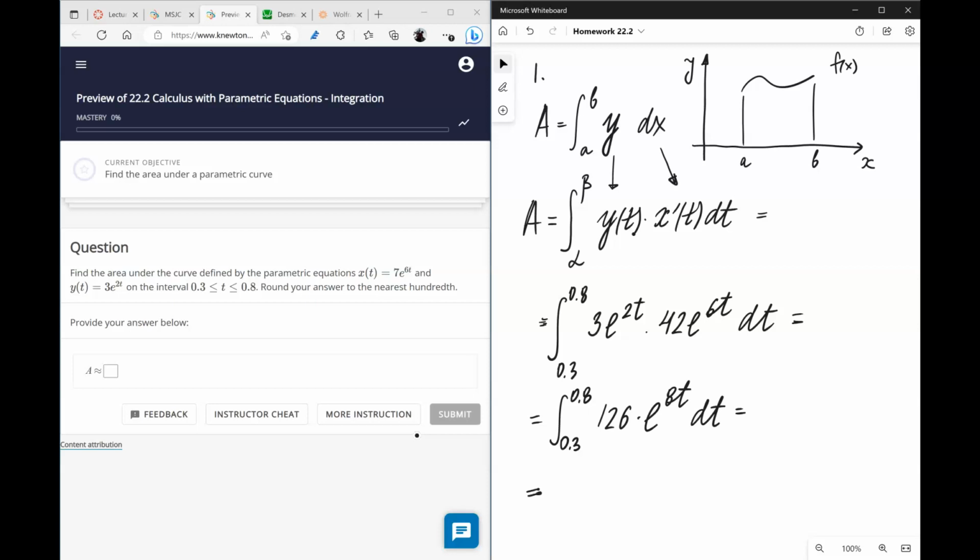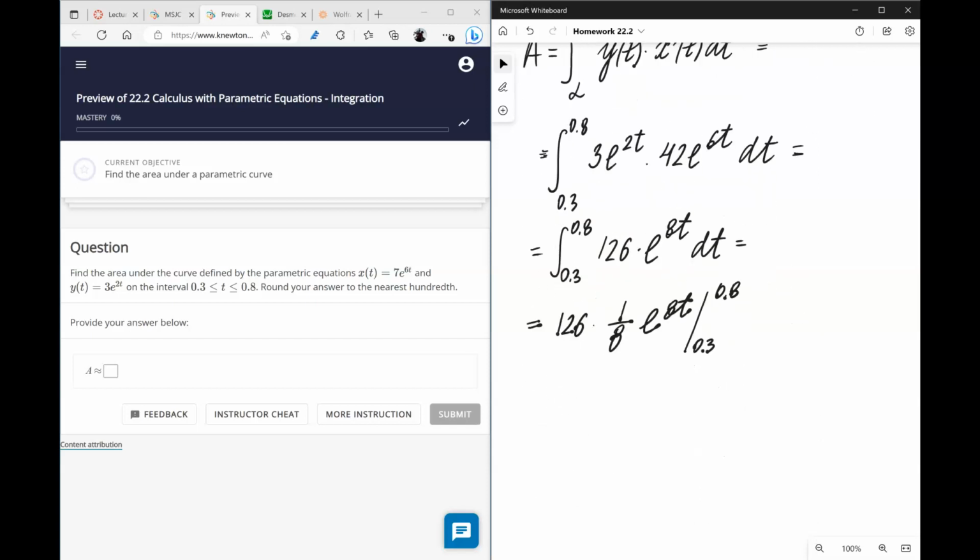The antiderivative will be 1/8 e to the power 8t, and we evaluate it from 0.3 to 0.8. And I'm certainly not looking forward to evaluating this by hand, but if I had to, this is what I would do.